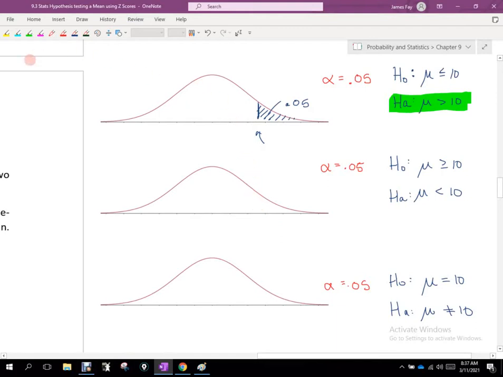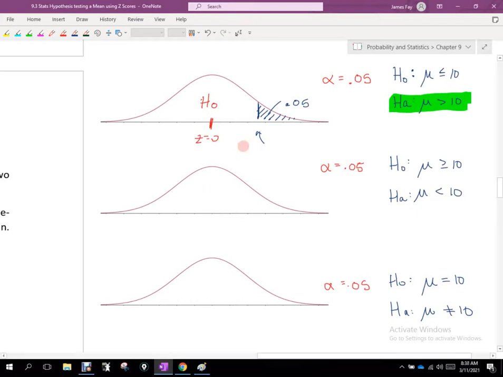Here's a picture of what's going on. Right here is our null hypothesis. If we put the normal distribution here, that's the location of our null hypothesis, and it has a z-score of 0. All these other z-scores mark our critical regions.